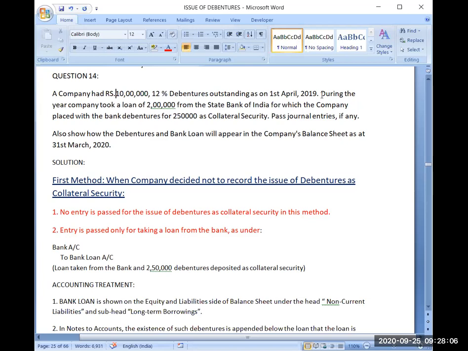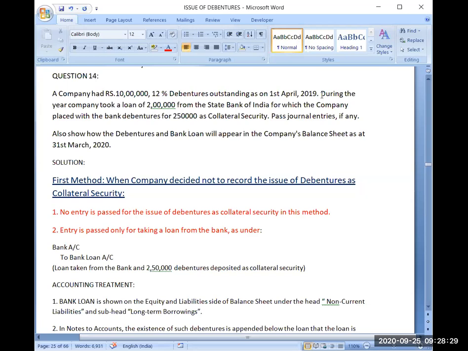It means that on 1st April 2019, the balance in the 12% debentures account is rupees 10 lakh. This point is clear, or is there any confusion regarding this point?